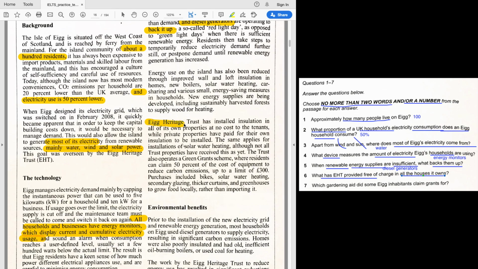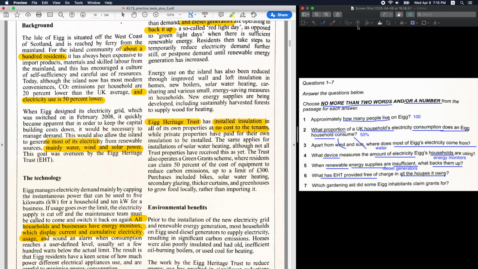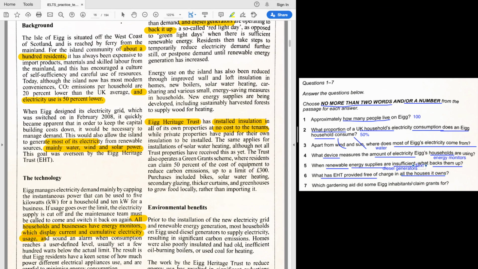EHD is here: insulation at no cost. So the answer is insulation. All right, the text box, insulation. Perfect.